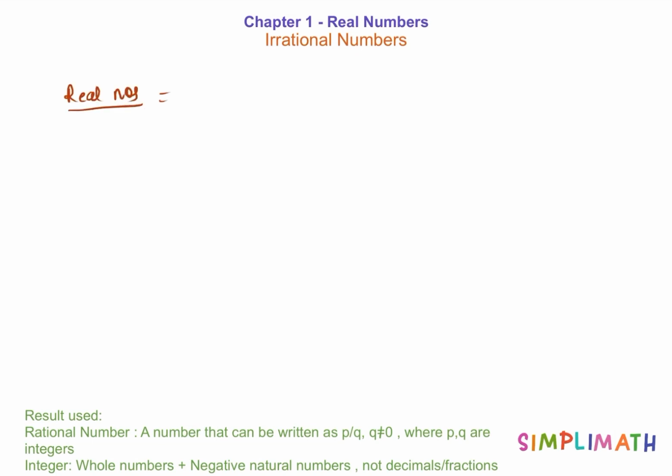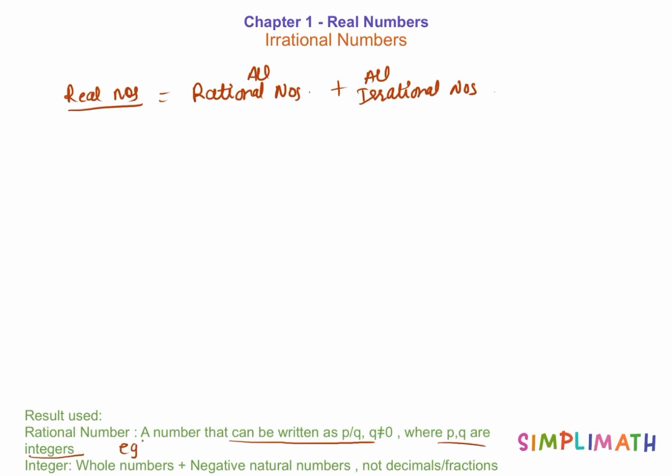Real numbers are the sum of all the rational numbers and all the irrational numbers. Now, what are rational numbers? A rational number is any number which can be written as p by q, where q is not equal to 0 and p and q are integers.